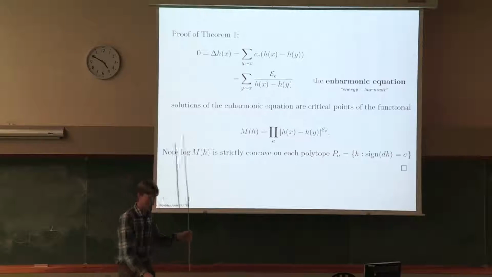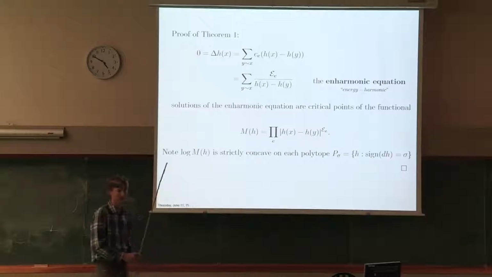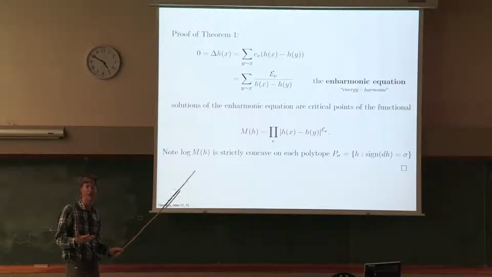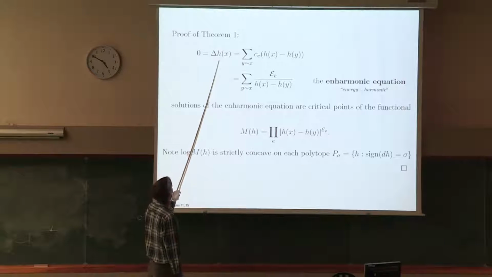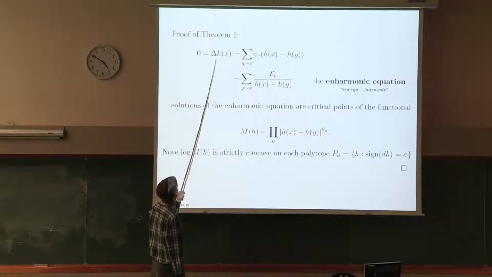Well, this is the existence theorem. Why does there exist, for a given set of energies, a set of conductances? We're trying to find a harmonic function, so the Laplacian is 0.